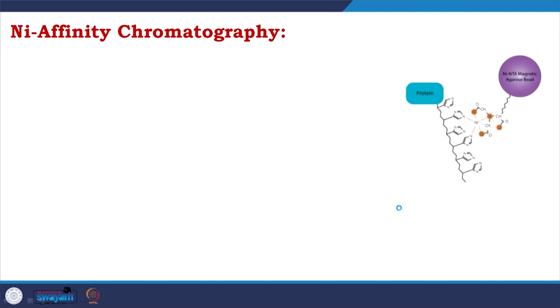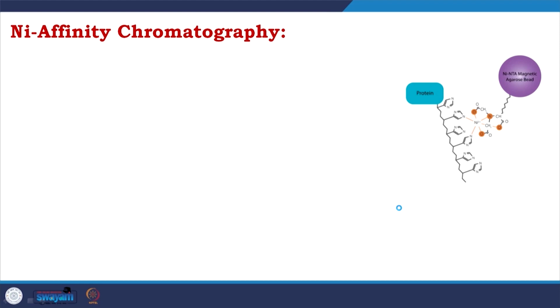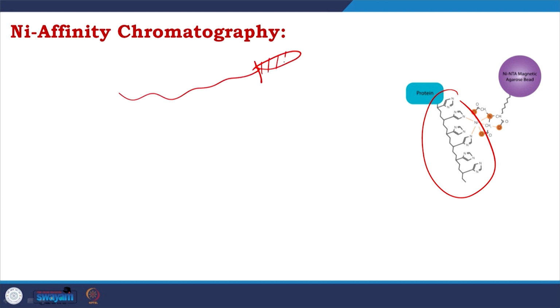I will talk about one which is nickel affinity chromatography. As I told, at the time of genetic engineering, we include the sequence of 6 histidine amino acids, so that these 6 histidine amino acids will come at the end of the protein. Now, when we pass it through a nickel affinity chromatography column, the histidines would attach to the nickel.